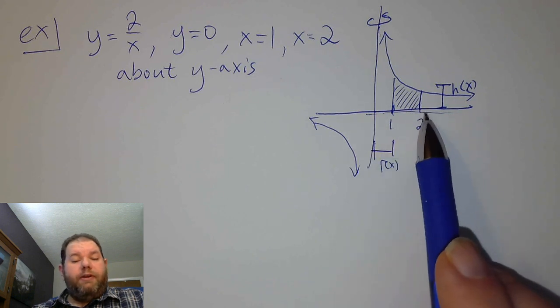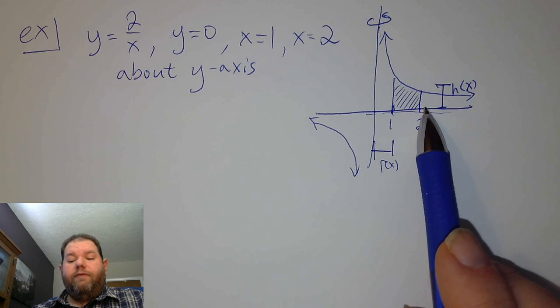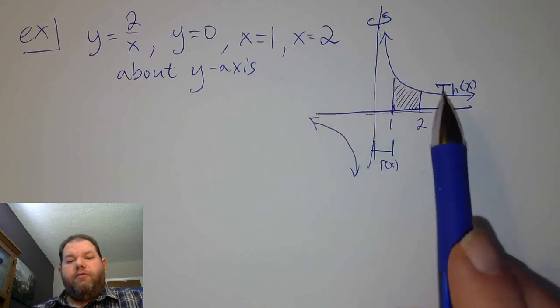If we look at the opposite end at x equals 2, we're now 2 units away from the y-axis, so we'll have a radius of 2 units as we go around.